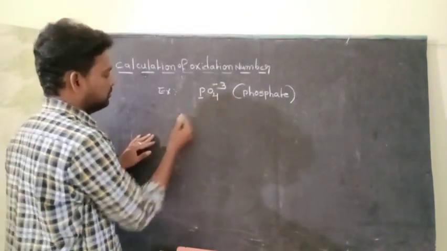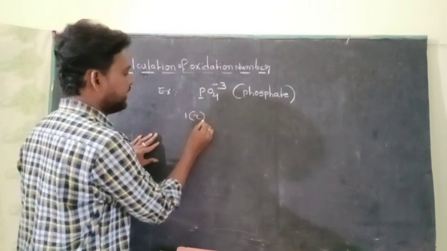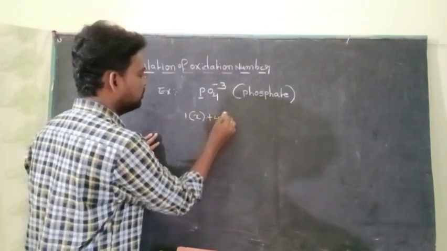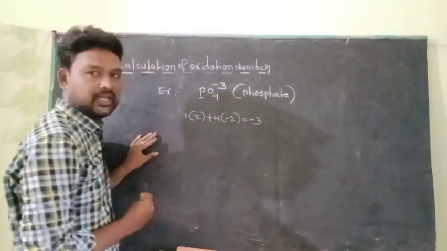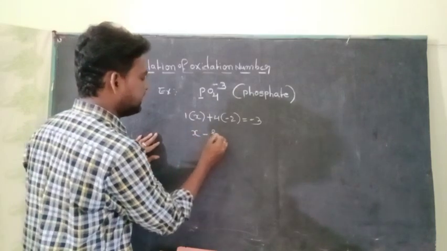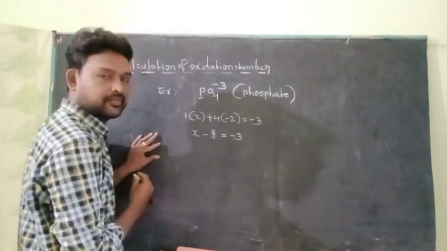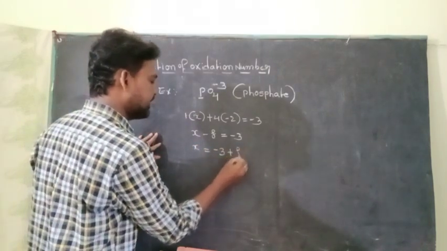So now also you can take one phosphorus atom is there. 1 into x plus 4 into minus 2 equal to minus 3. So 1 into x minus 8 equal to minus 3. X equal to minus 3 plus 8.